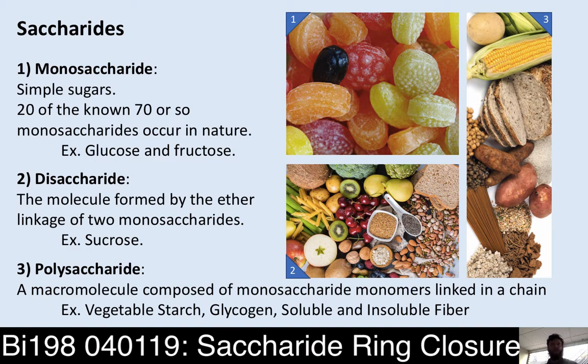Polysaccharides include oligosaccharides, but can also include very long chains, where each of the subunits is a repeating sugar ring linked by this ether or glycosidic linkage that you're going to see in a little bit. There are a lot of examples of these. Often when we talk about fiber, soluble and insoluble fiber, there's a range of those, and that's going to be one of the last topics that I talk about in this lecture series.